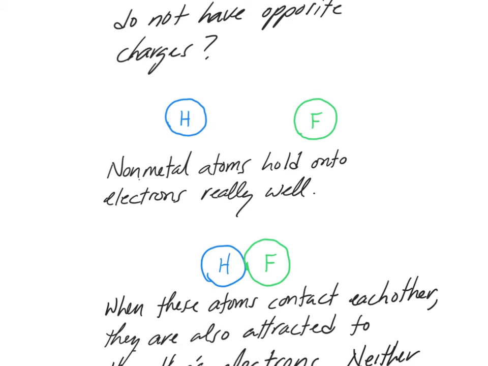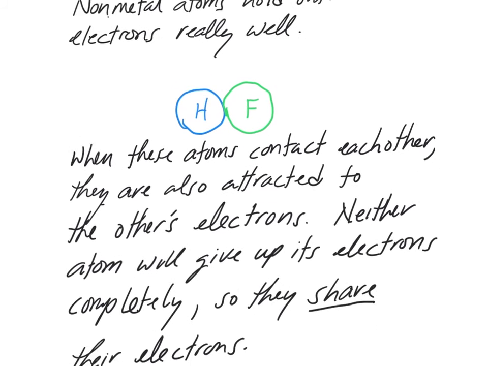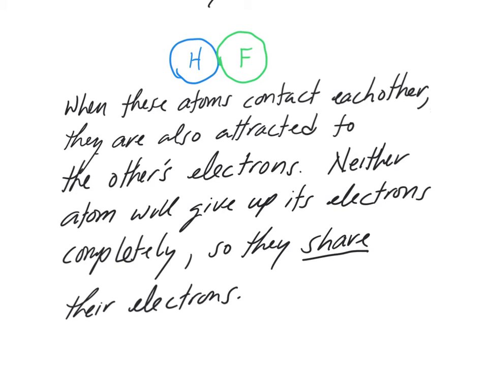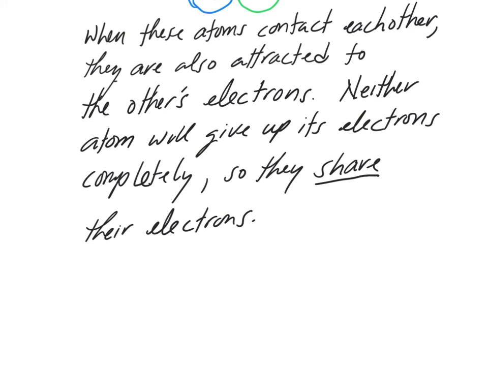So these atoms come together, and when these atoms contact each other, they are also attracted to each other's electrons. Neither atom will give up its electrons completely. Remember, nonmetals don't give up electrons very easily. So they're not giving up their electrons to each other. They are going to, in fact, share electrons. And this sharing of electrons is called a covalent bond.